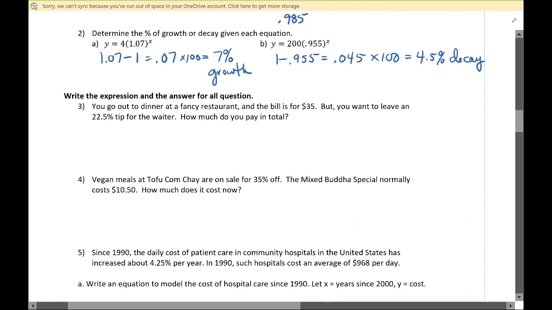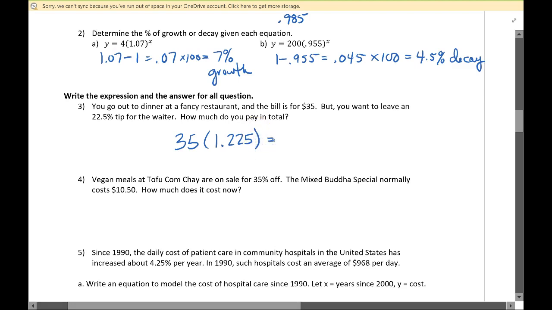So on this first problem, you have a $35 bill. You know you're going to pay 100% of that $35, so that's where this 1 comes from. And then you're going to pay 22.5% more, so that's 22.5% converted to a decimal added on to our 1.